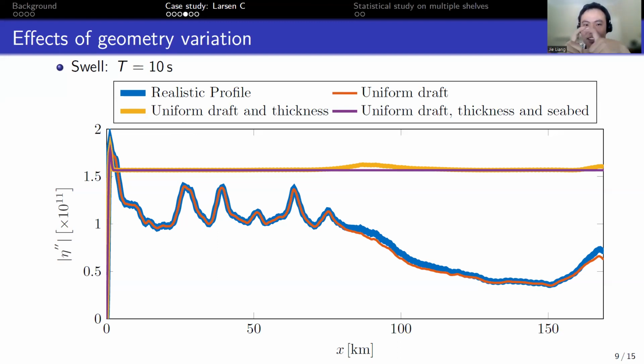They both have uniform draft, they both have the seabed, but the only thing that changes is the thickness. And it shows a really different result between the uniform thickness and the varying thickness. So what I'm trying to say is that thickness is the dominant factor in the swell region.